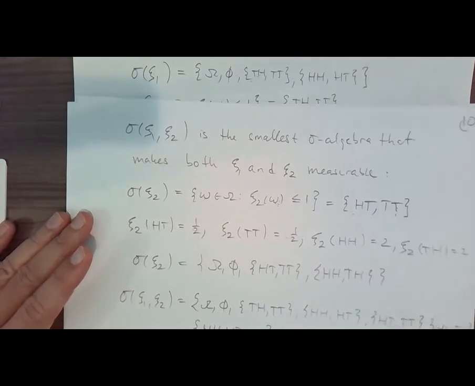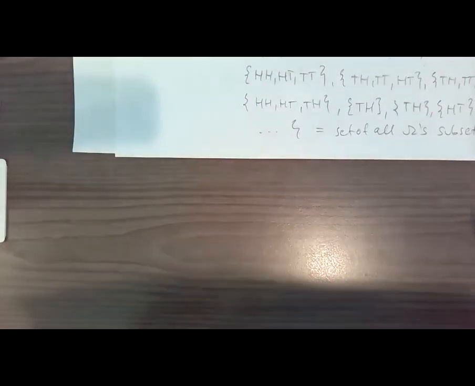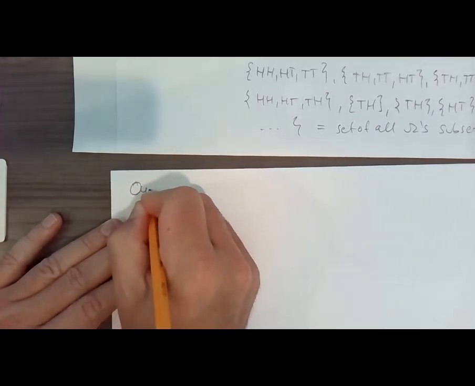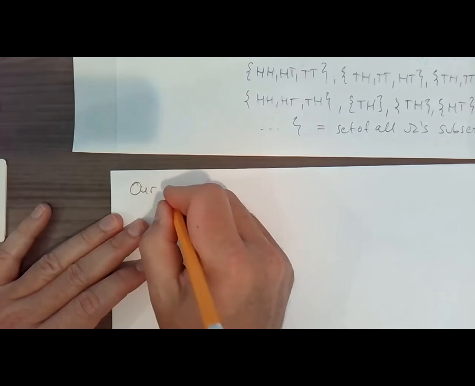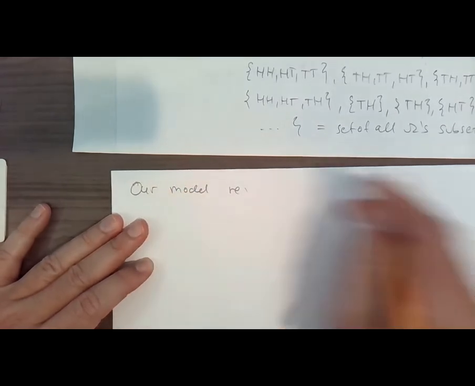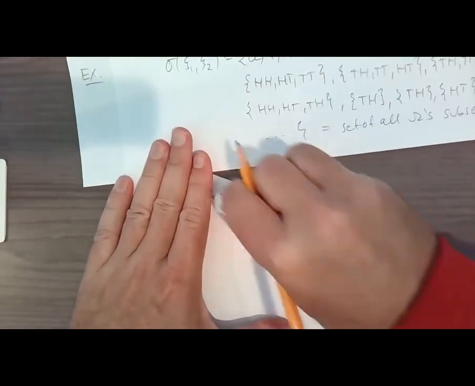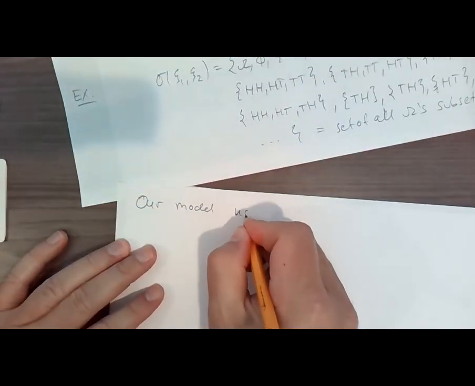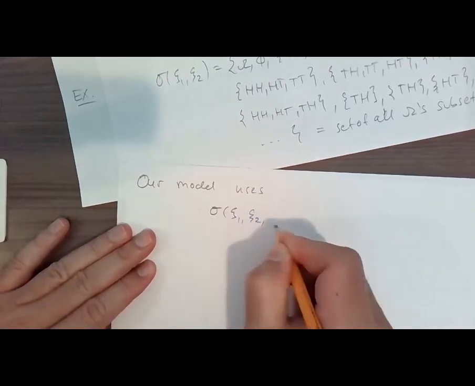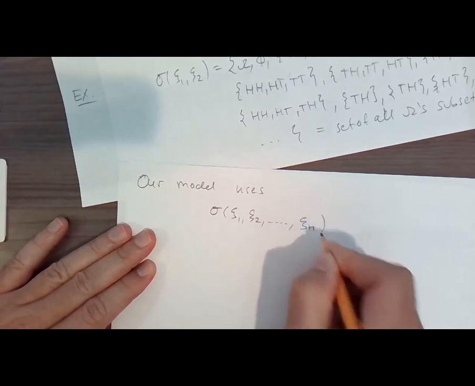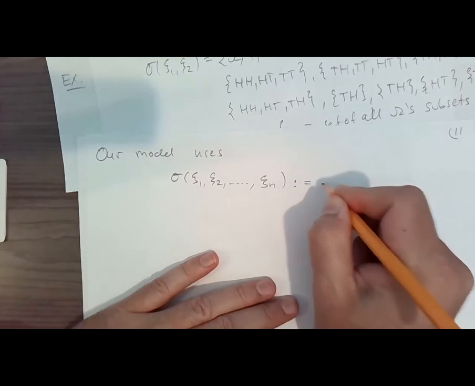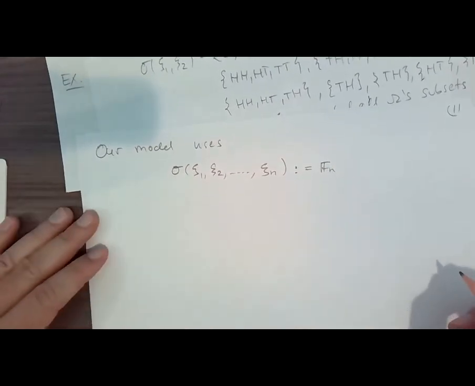So what we are interested in for our model is the sigma algebra generated by psi 1, psi 2, up to psi n. We're going to call it Fn.